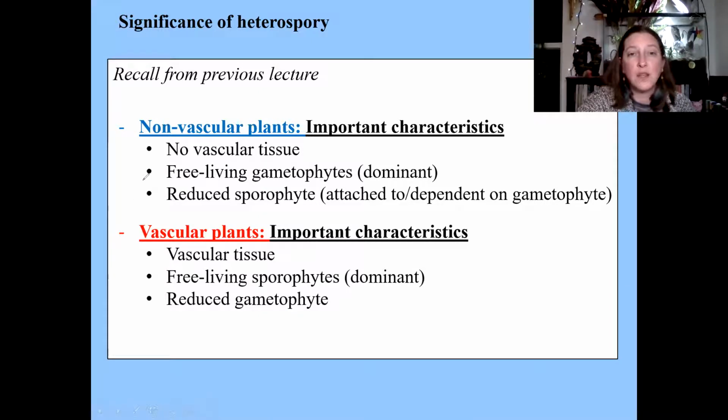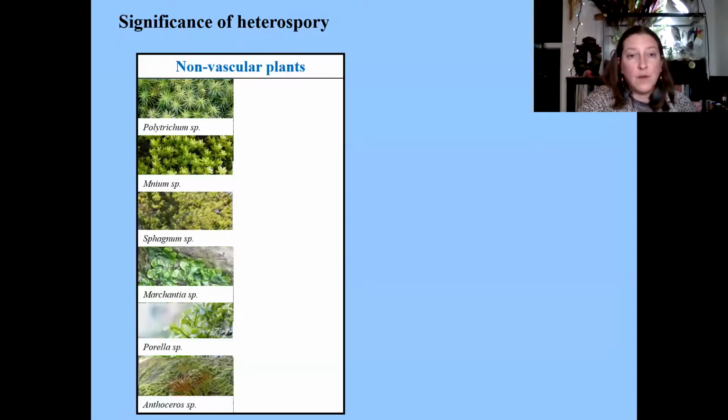And notice on the non-vascular plants, they have this reduced sporophyte, right? But in the vascular plants, we see the reduction of the gametophyte plant, right? And so that's important. Why?